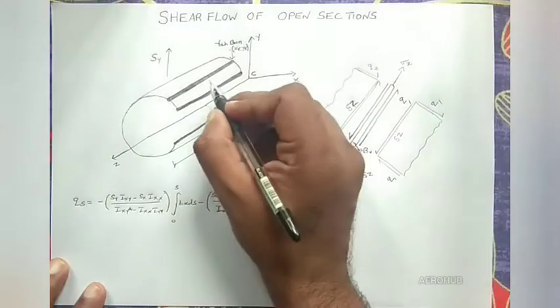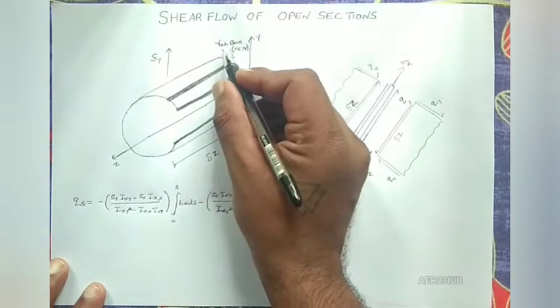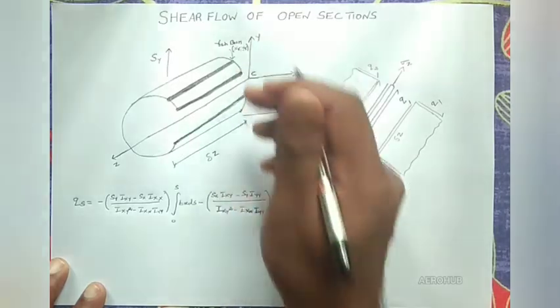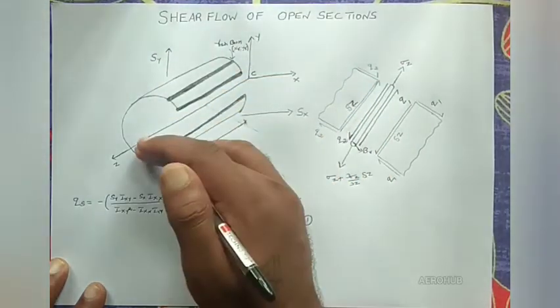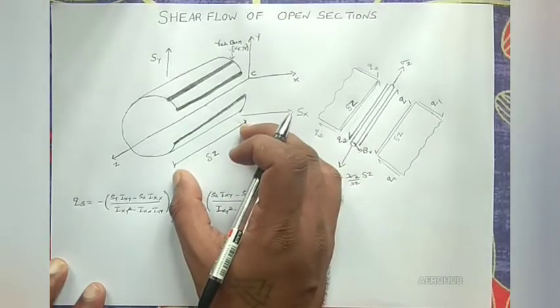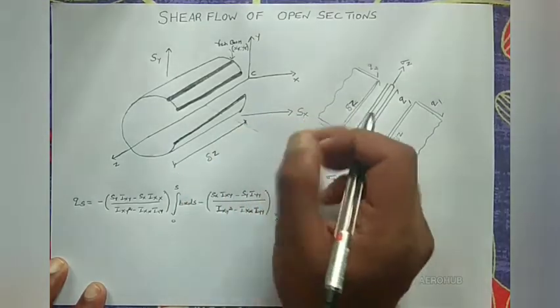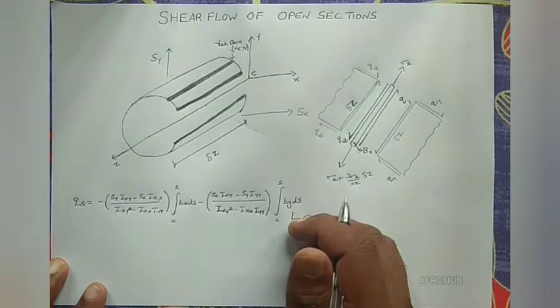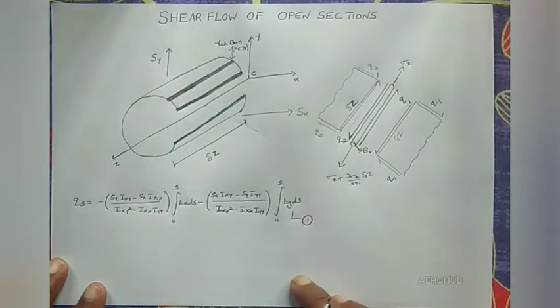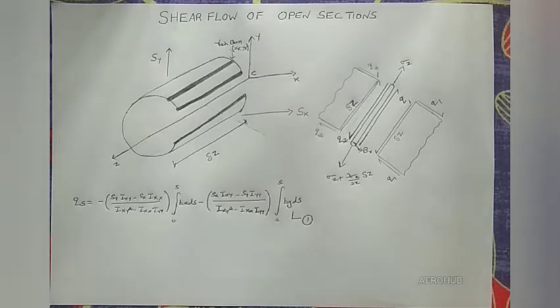You can see we will consider a boom here. This is known as the rth boom, having coordinates xr, yr. We have a coordinate system here, z axis towards outside, and the section has an element length of delta z, and the section is subjected to shear loads Sy and Sx along the y and x direction, and this shear load in the x and y direction will be applied at the shear center of the section.